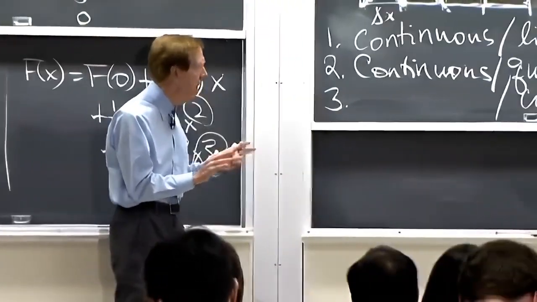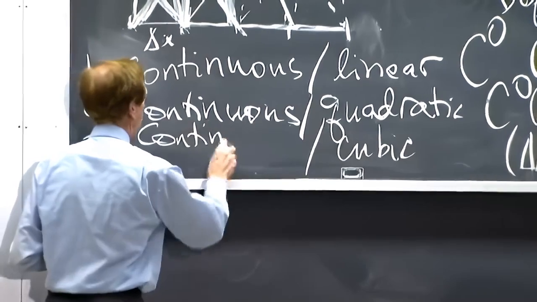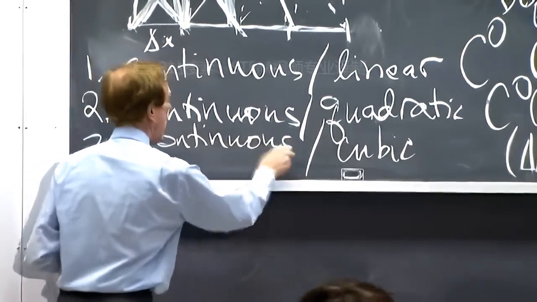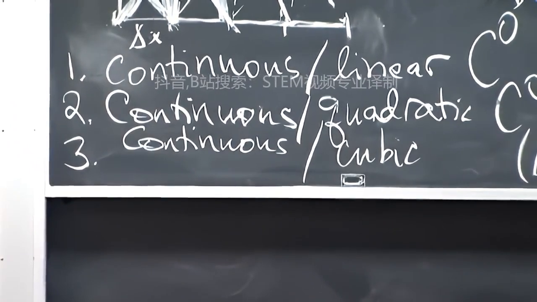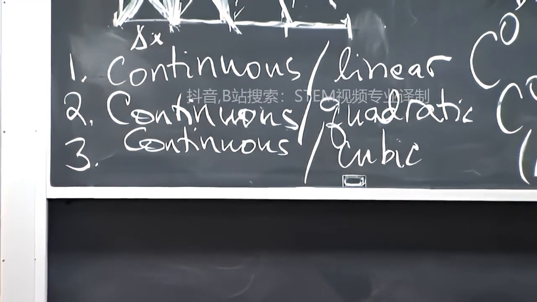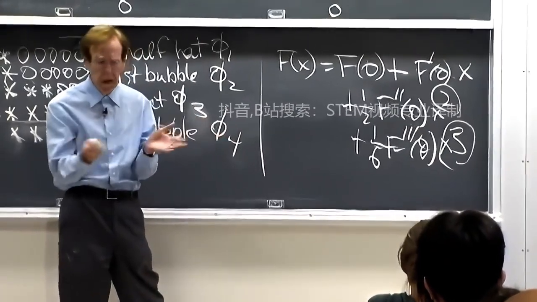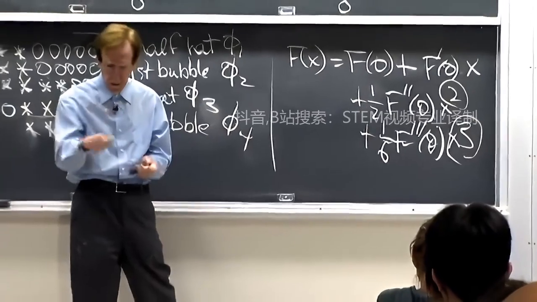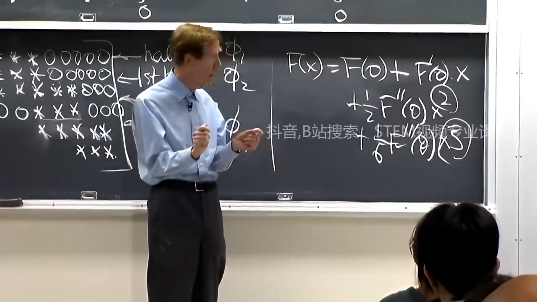Suppose I'm happy with just continuous functions and I let the slope jump. What new trial functions shall I put in? What will they look like? Little cubics, little third degree pieces. Instead of parabolas, they'll be little pieces of third degree.